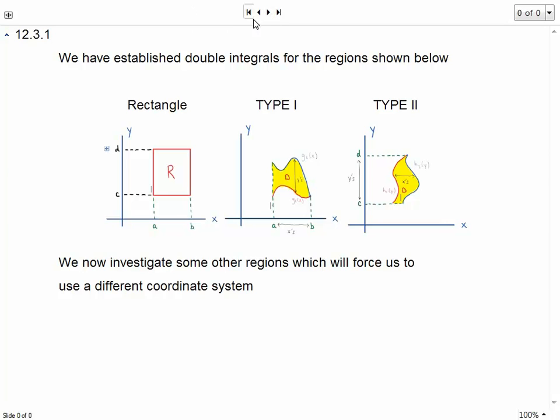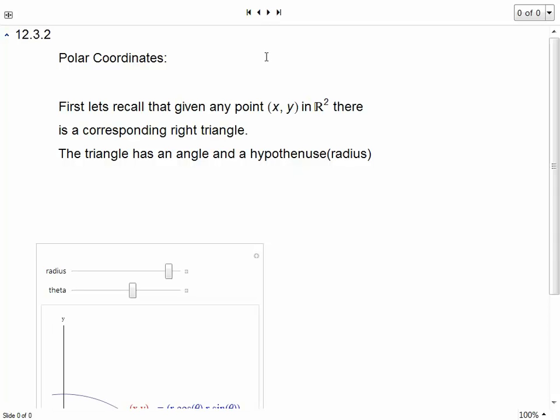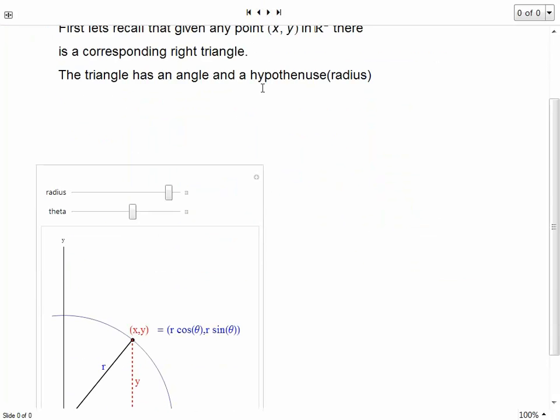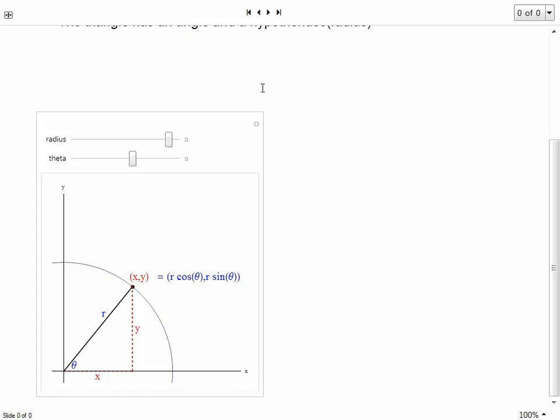Now, it's necessary, where's that slide? Oh, we are going to investigate some regions which force us to possibly use a different coordinate system, because there's more than one way to look at 2-dimensional space. So remember that if you're given any point out in space, so imagine this circle's not here and this triangle's not here. If someone just picks a point in 2-dimensional space, we call that (x, y), right?